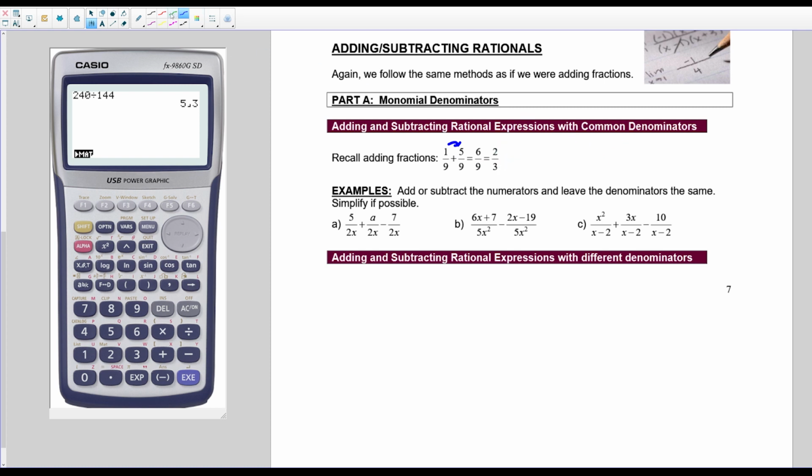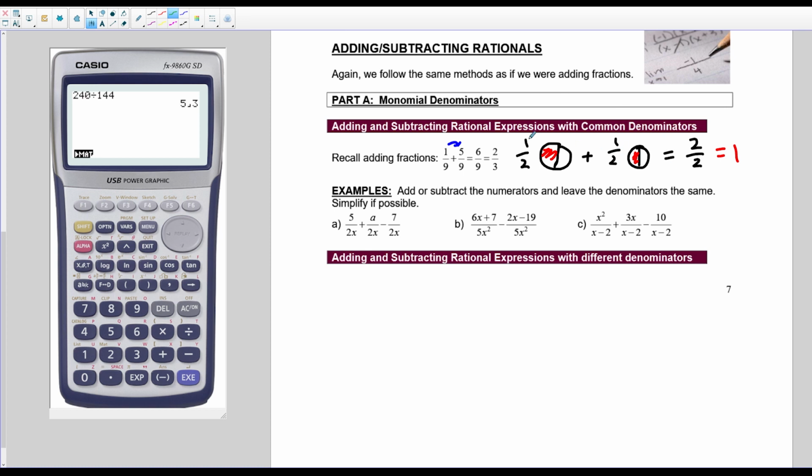If you're a little confused about why that happens, let's think about a pizza as an example. If I take half of a pizza and I add another half of a pizza, I have two halves. So those two halves give me 2/2, which simplifies to give me 1.